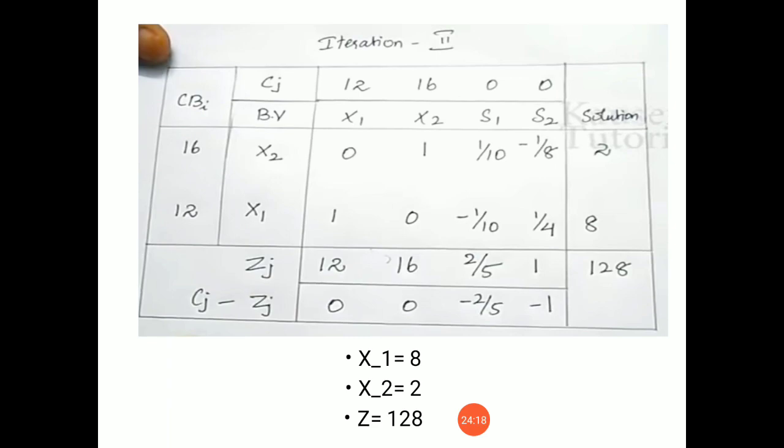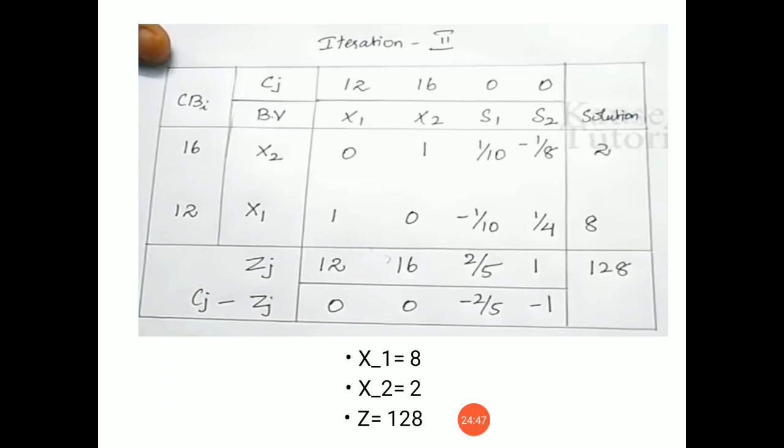As we can see here, all the elements of Cj minus Zj are either 0 or negative, which satisfies the optimality condition for maximum objective function type linear programming problems. So we have reached the optimality condition and we will stop here and find the values of the basic variables.